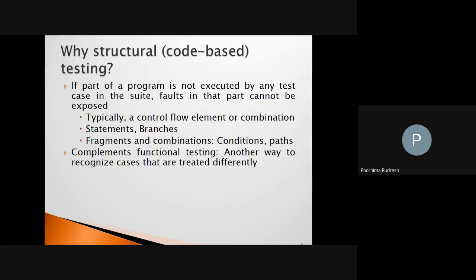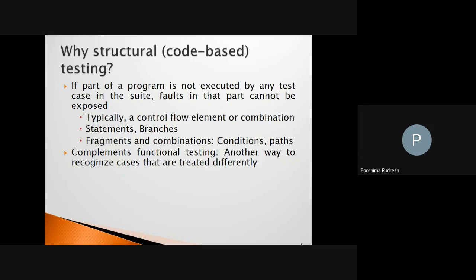You are testing it by using a test case or the test suite, right? Whenever you are using different test cases or the test suite, if any line of the program is not executed by the test cases, then we say that all the faults cannot be identified which are present in the program.